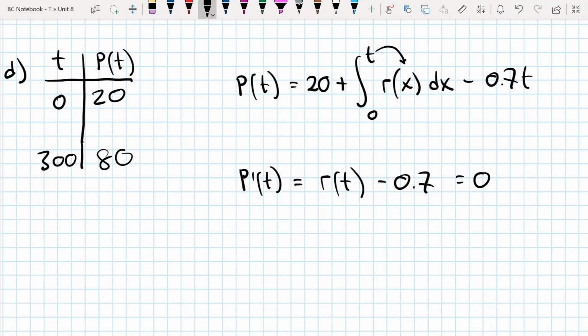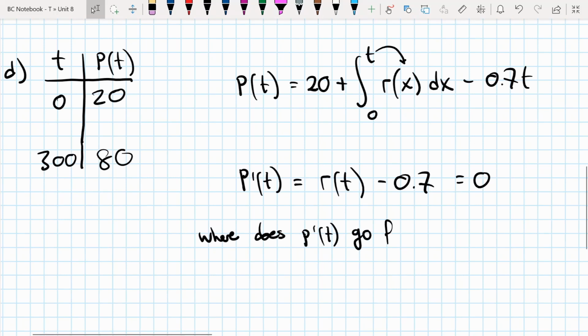Okay, so the question is, where does p prime of t go from negative to positive? Because if the derivative goes from a negative value to a positive value, then the original function will go from decreasing to increasing, indicating that we have a relative minimum.